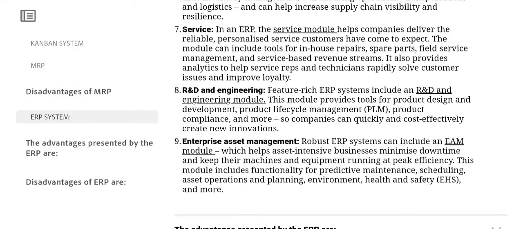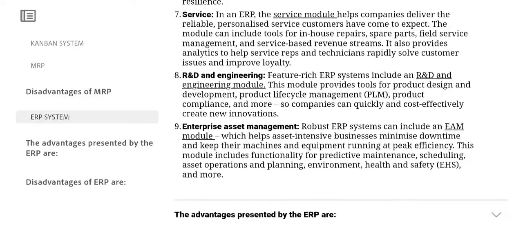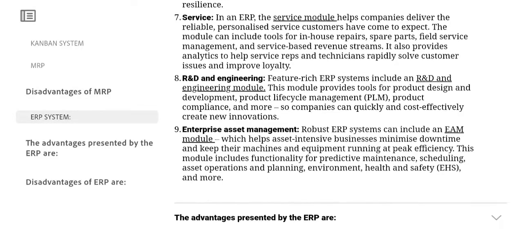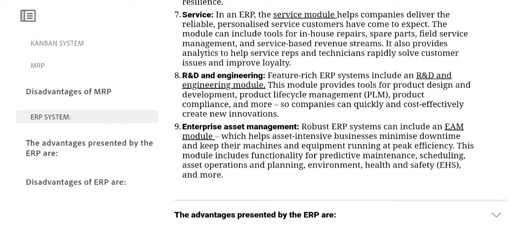After that, R&D and engineering. This is also done. A feature-rich ERP system includes an R&D and engineering module. This module provides tools for product designing, development, product lifecycle management, everything like that. After that, enterprise asset management. A robust ERP system can include an EAM module, which is enterprise asset management, which helps asset-intensive businesses minimize downtime and keep their machines and equipment running at peak efficiency.